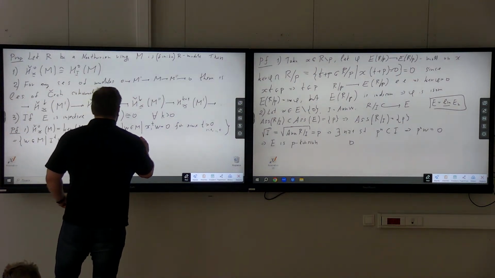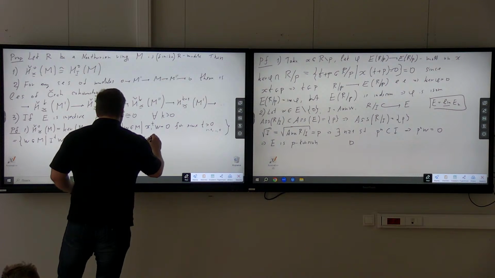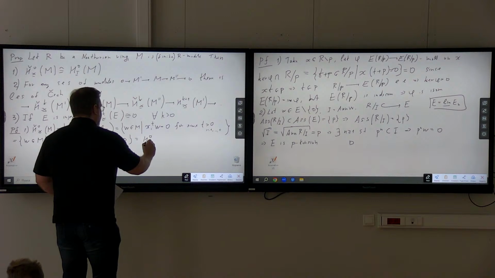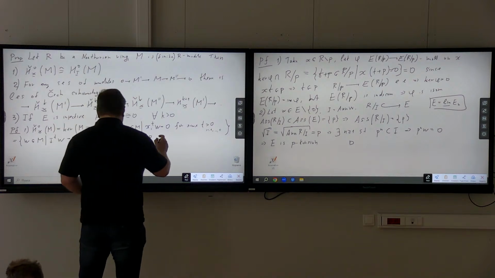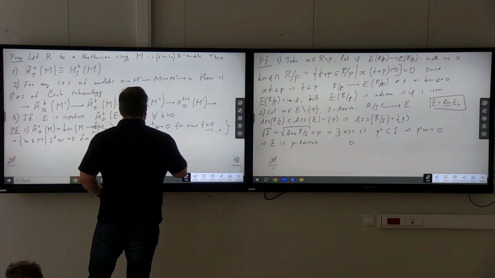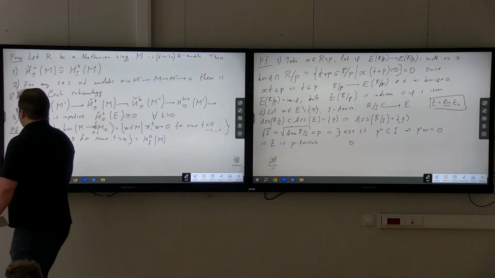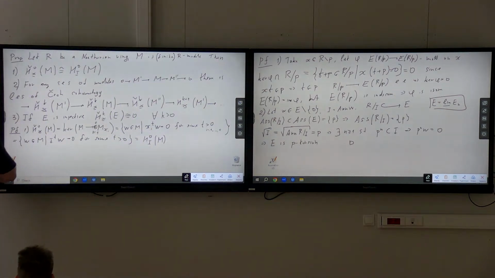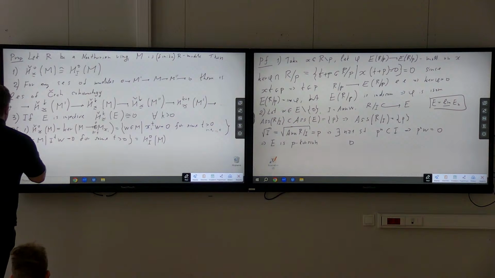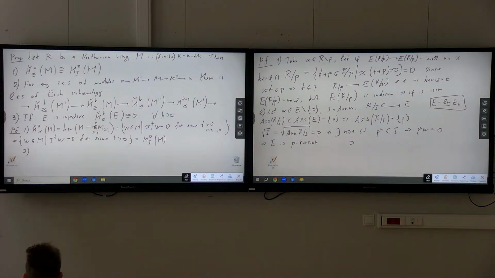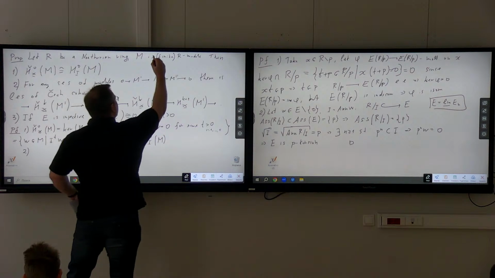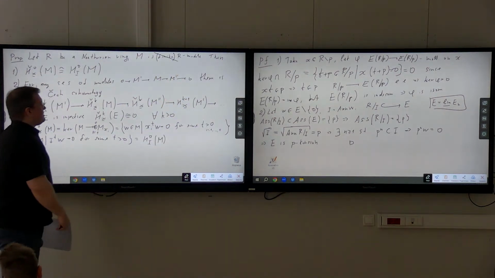And finally, this last thing is by definition Gamma_I, but we know that Gamma_I is exactly the H^0_I. And that's the proof of the first part. You can see that it's not important here that M is finite. Let's also check that for part 2 it is also definitely not important, so I'm removing this. M is an R-module.